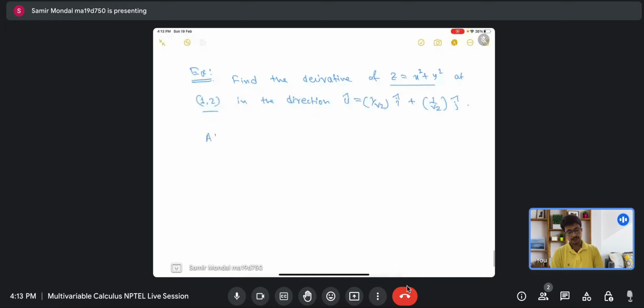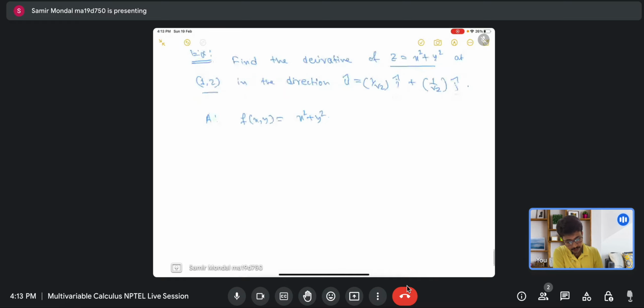So your function is given by x square plus y square. So what is the directional derivative of this function f at the point (1, 2)?